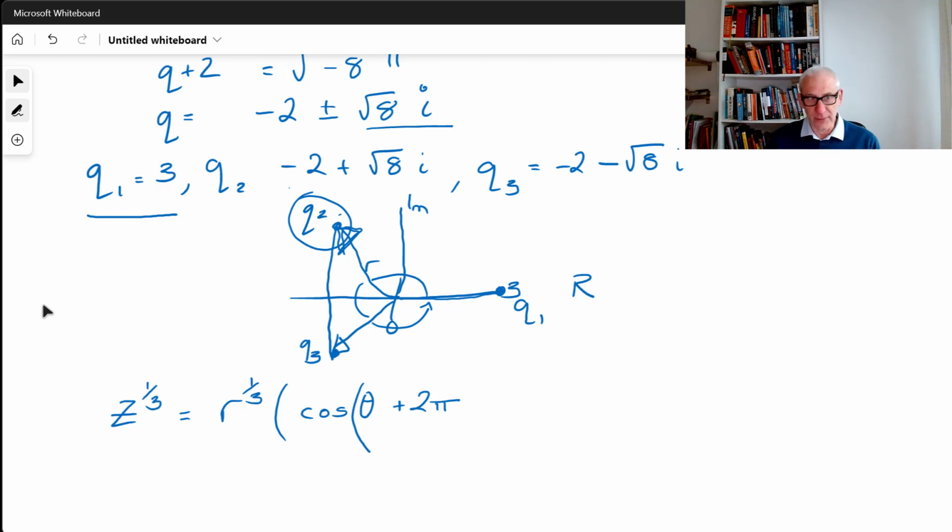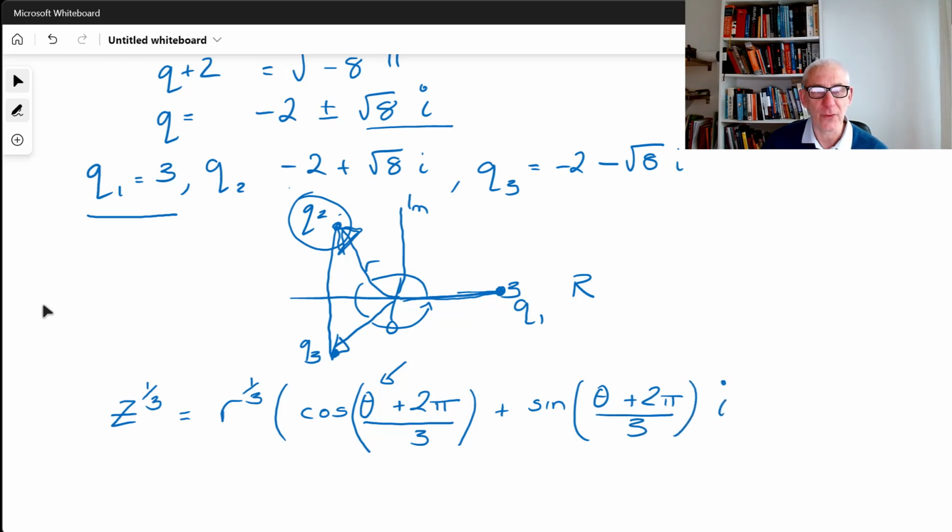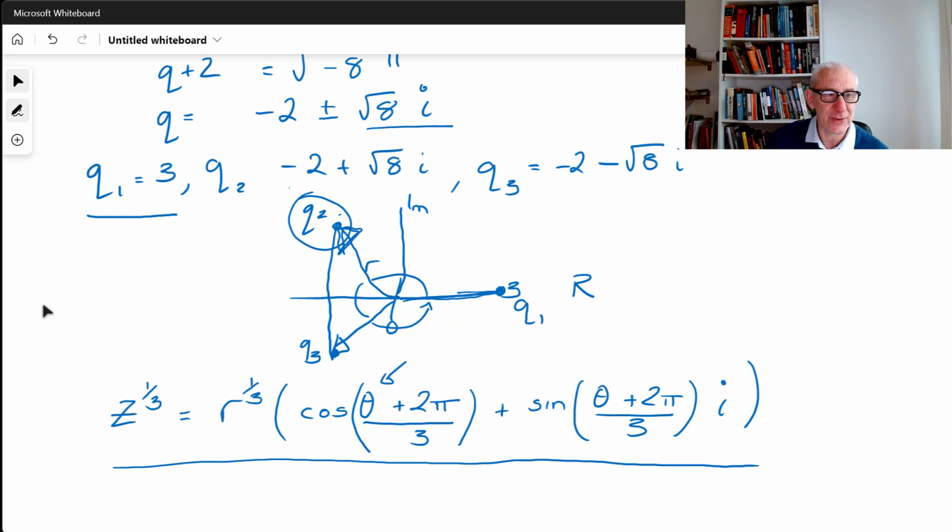Cos of (θ plus 2π) all divided by 3, where θ is the original angle here. Then we add to that the sine of the same thing again, (θ plus 2π) all over 3. And that is on the imaginary axis. Using this formula, as long as you can work out the value of the magnitude, which requires a bit of Pythagoras, we can work out where it's going to be on the Argand diagram.